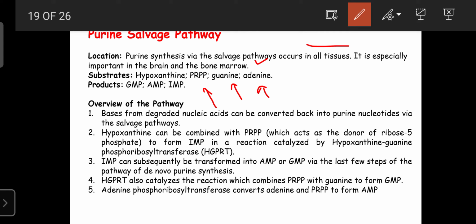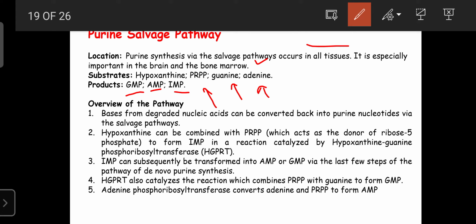There is no need of AMP directly, and no need of ribose sugars. They utilize the intermediate compounds directly, so they are involved in the synthesis of end products like GMP, AMP as well as IMP. So like that, the purine salvage pathway is also involved in the formation of adenine monophosphate and guanine monophosphate.